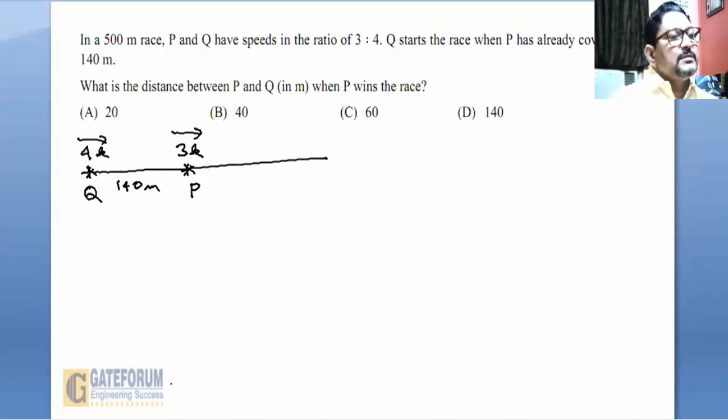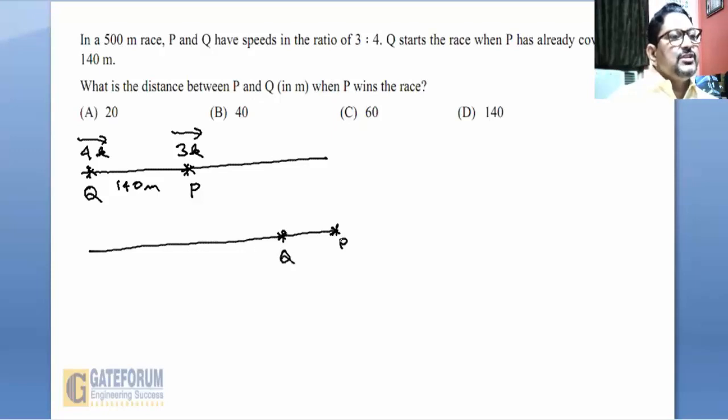So this is what happens. And after the race, P wins, means P is now here, and obviously Q is some distance behind, because if Q had been in the beginning, then Q would have won. So P wins, so Q must be some distance behind.